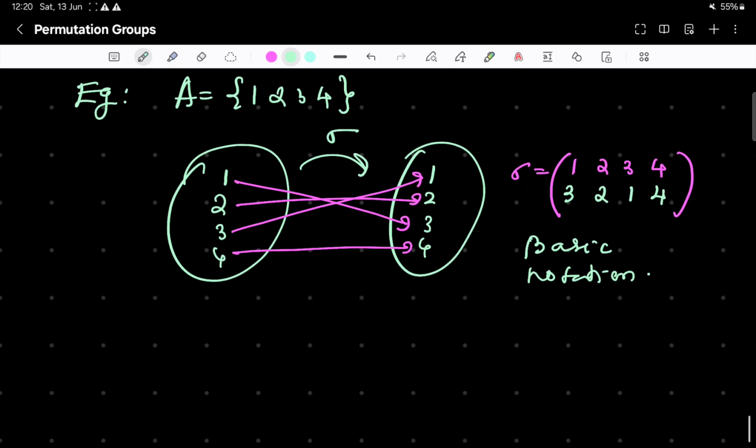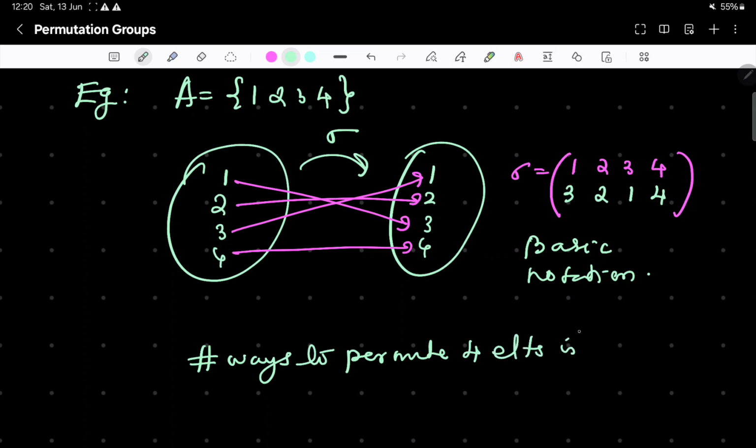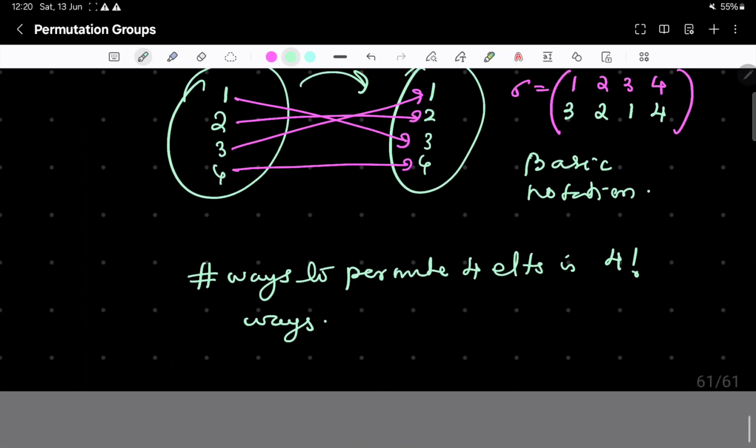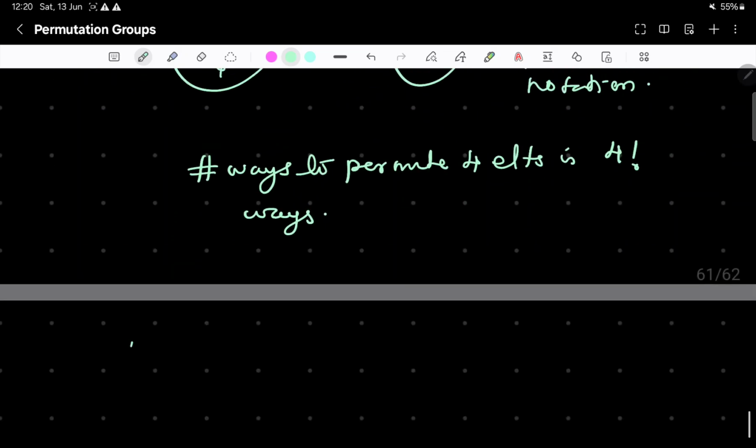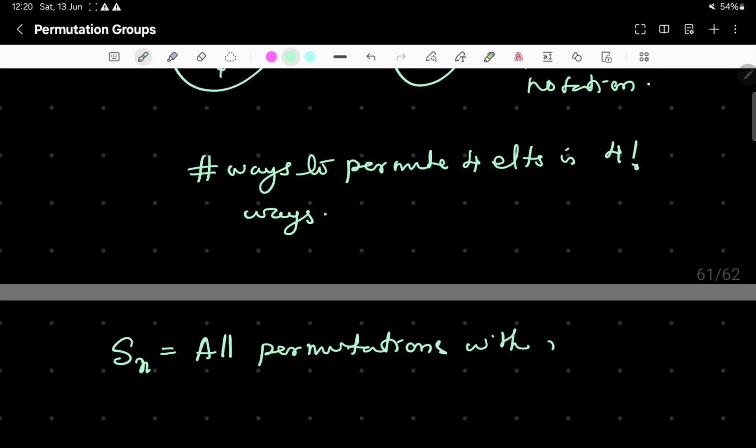You know how many ways you can permute four numbers. We already studied this. The number of ways to permute 4 elements is 4 factorial. We denote Sn to be the set of all permutations with n elements.